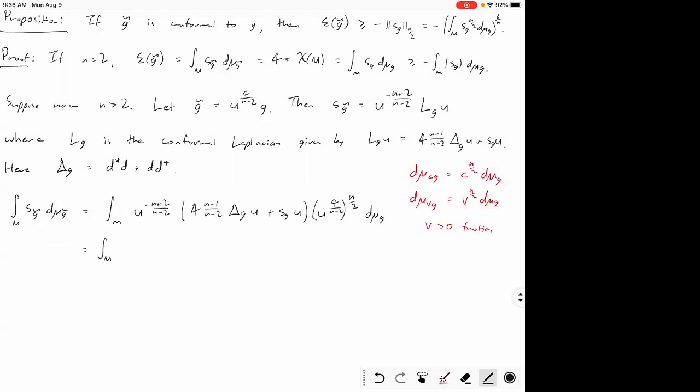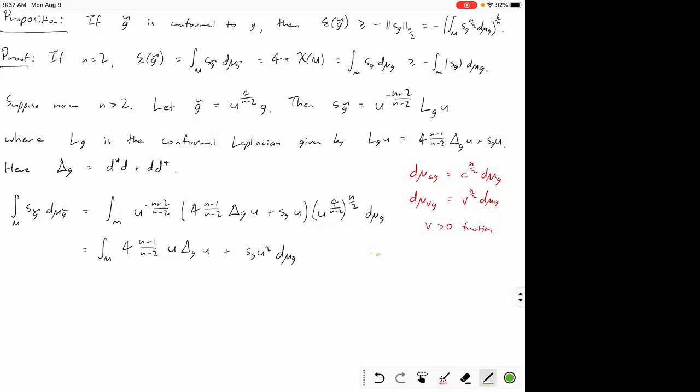So I get 4 times (n minus 1) over (n minus 2) times u times the Laplacian of u, plus s_g u squared, d mu g. I claim that if you combine this with this, you just get a single factor of u. Let's check that.